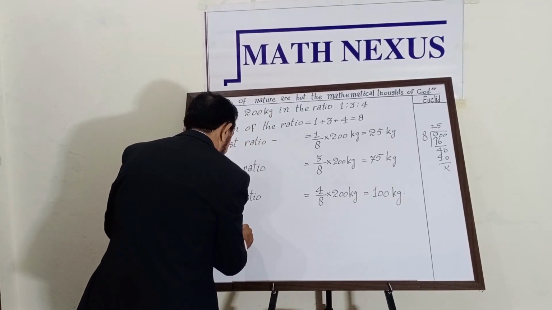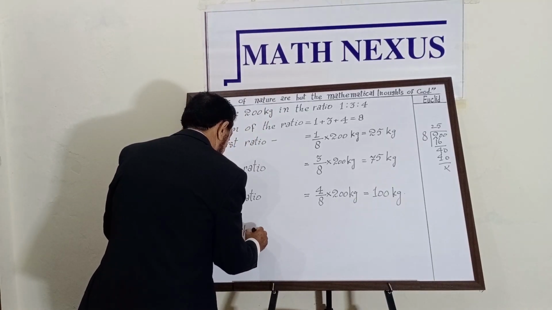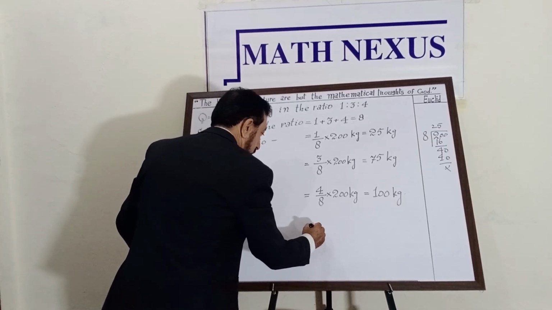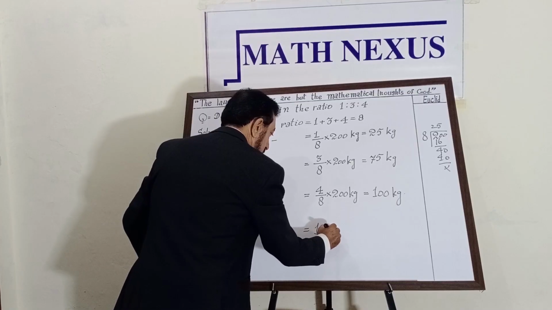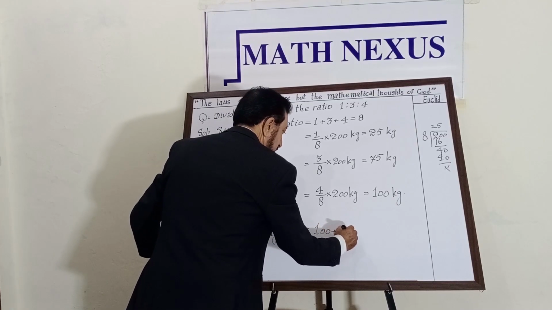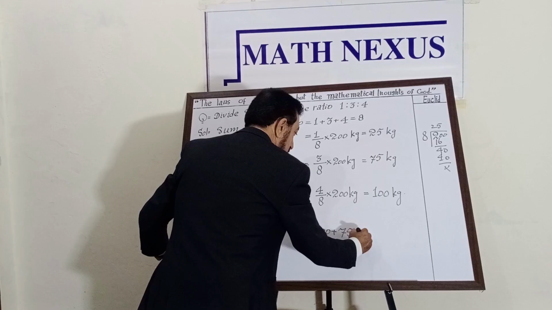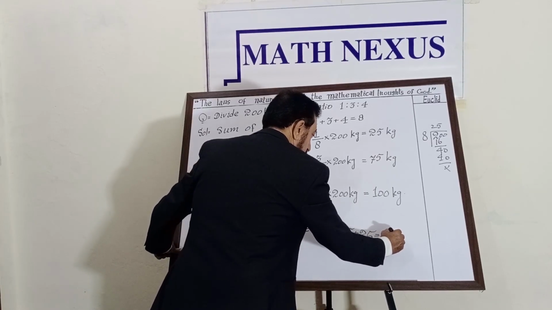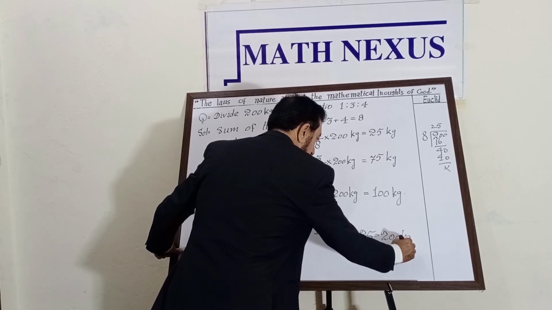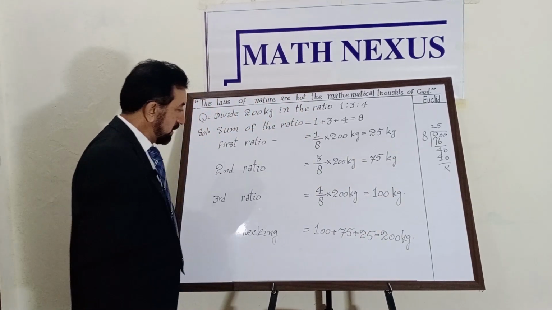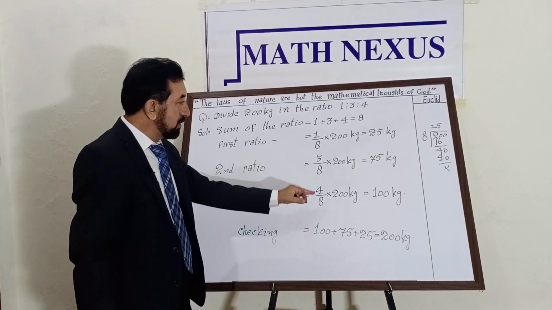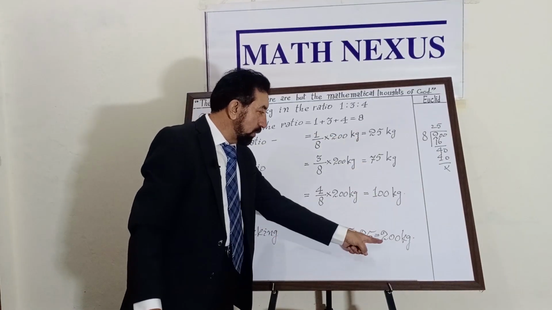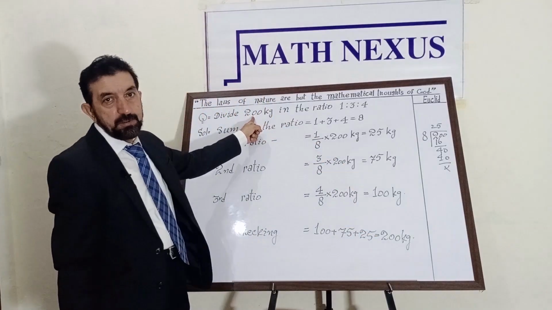Checking. 100 plus 75 plus 25 equal to 200 kg. It means that our answer is correct because all these are equal to 200 kg.